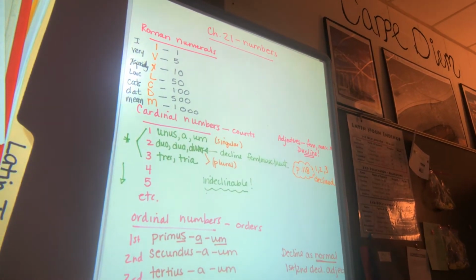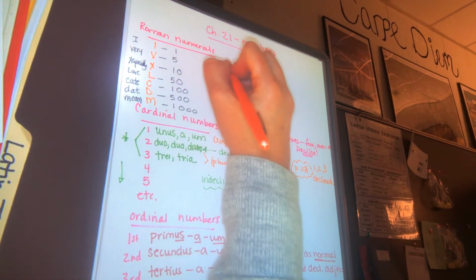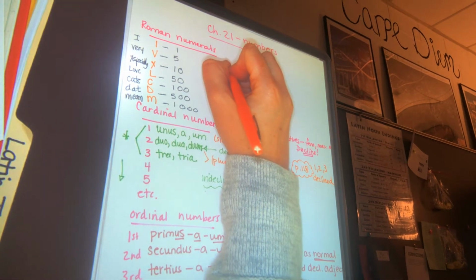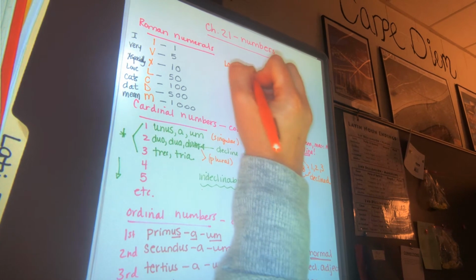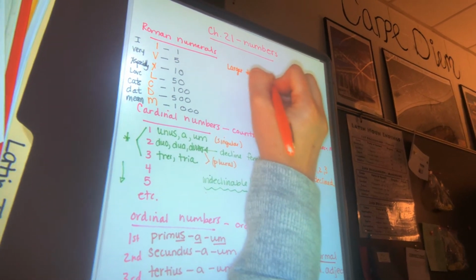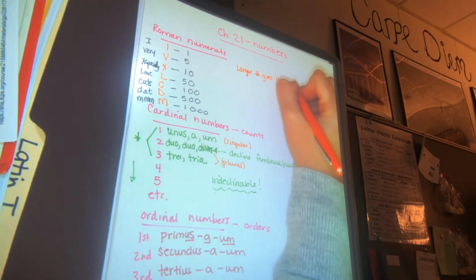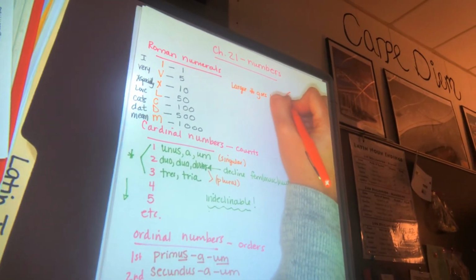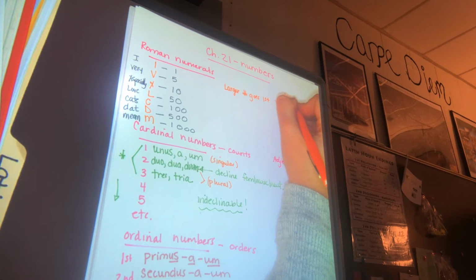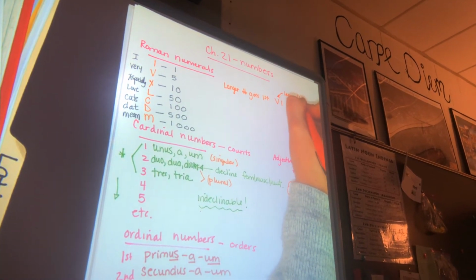Okay, a couple rules. The larger number goes first. Meaning like VI. Okay, V is the larger one because it's 5, right?